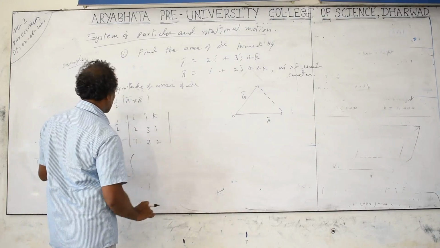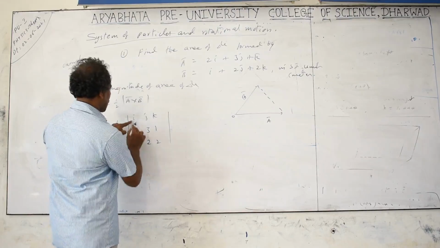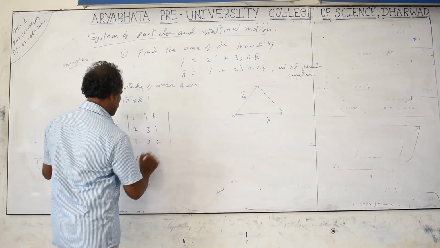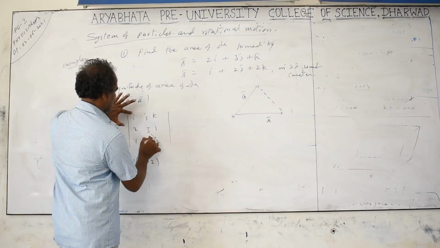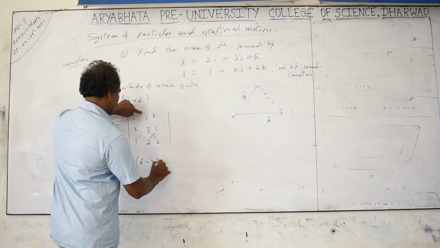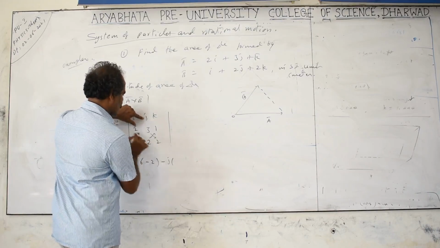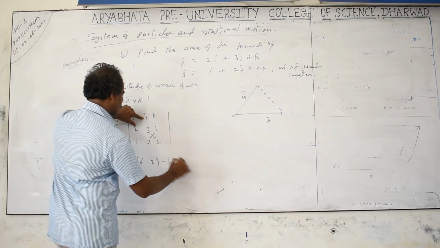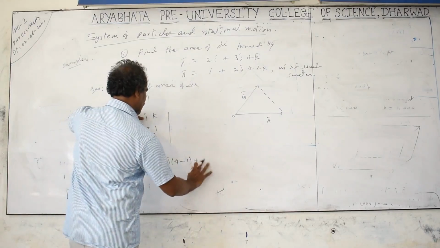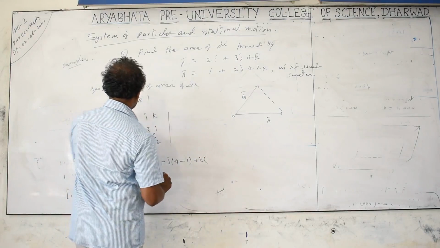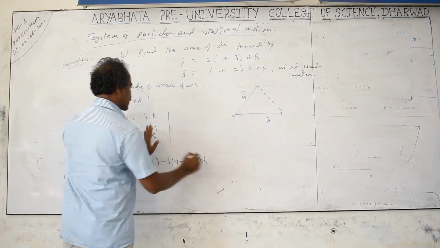We are taking only the vector form first. So i into 3 into 2, 6 minus 2. Next minus j, plus minus plus j into 2 into 2, 4 minus 1 into 1 is 2. Next is plus k into 2 into 2, 4 minus 3.